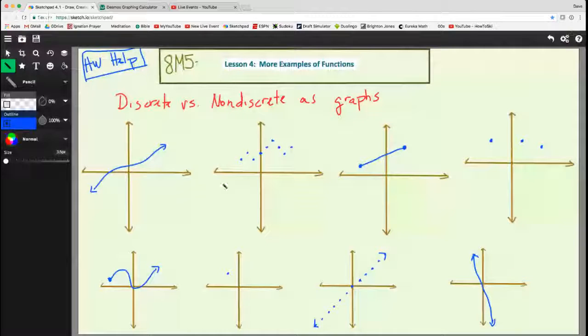And again, we're looking at inputs. So if I take a slice here, can I find something in between my points? Yeah. Can I keep finding stuff in between, in between, in between? Then this thing is not discrete because it's smooth. It's a nice, smooth, non-breaking curve.